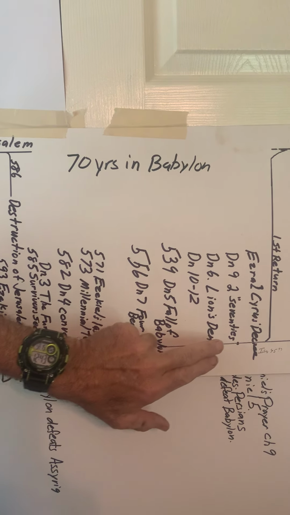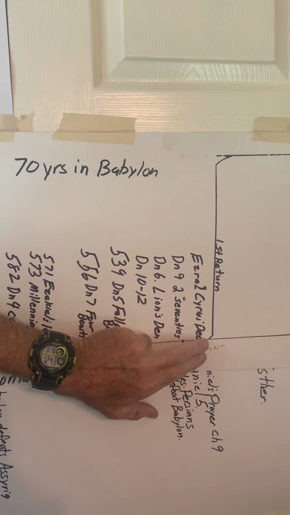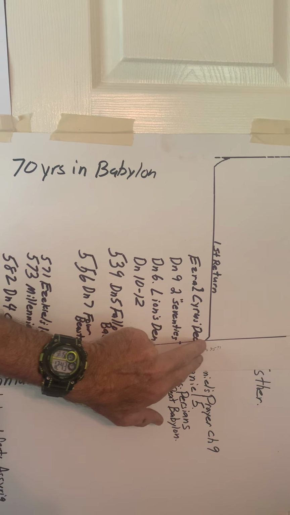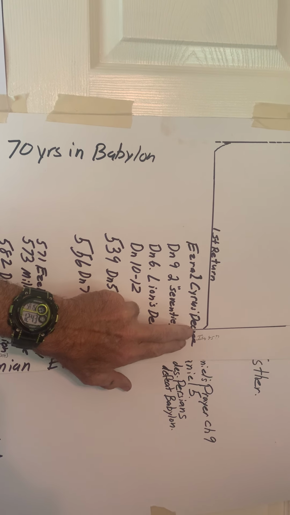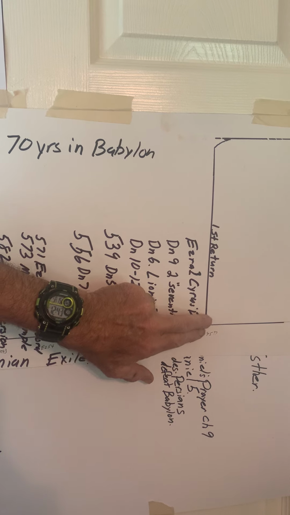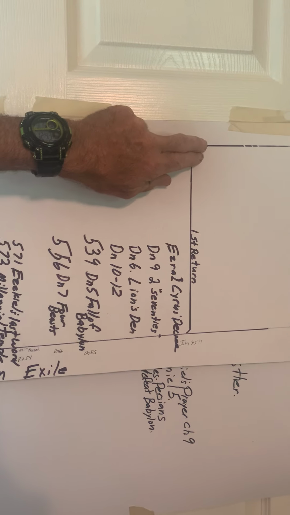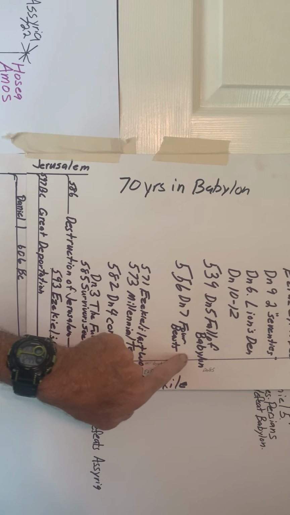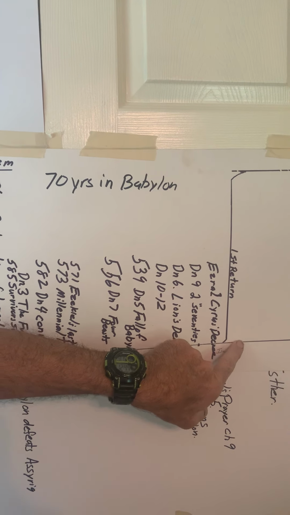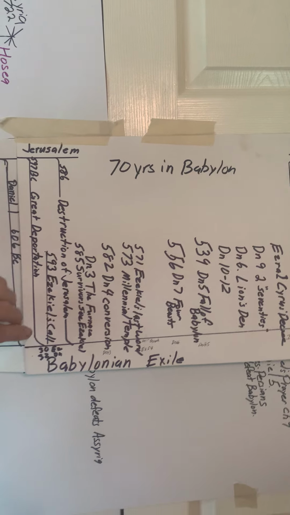Now, Ezra talks a little bit about this time frame, but he comes on much, much later. He reveals information about the first group of folks who come back to Jerusalem. So Daniel is the only guy who gives us prophetic information all the way through this 70-year time frame.